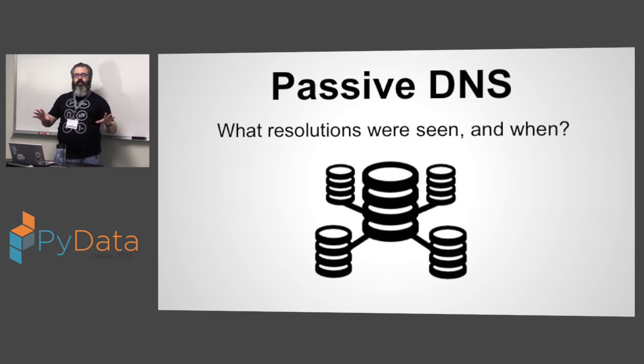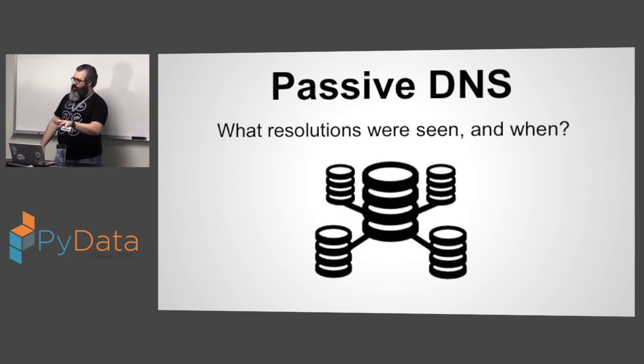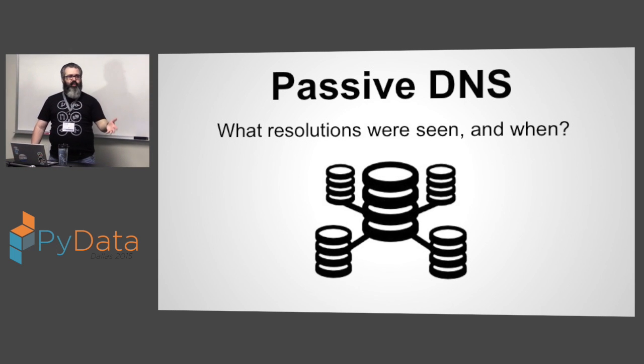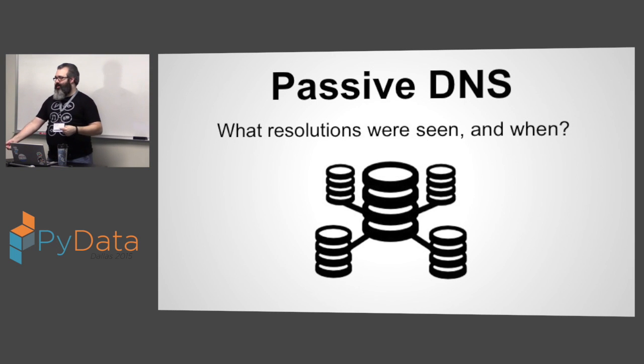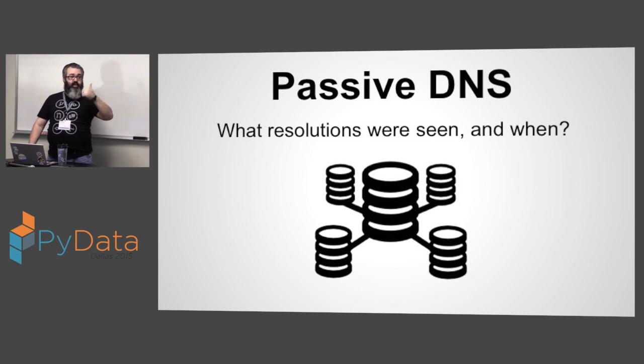Passive DNS is a little bit different than your usual DNS. Normally you type in a name to whatever client you're using, right? And it resolves to an IP address. Well, that's fine and good, but as we all know, those IP addresses can change. So if I look up PyData.org today, it could honestly and legitimately be a different IP address than yesterday or even an hour ago.